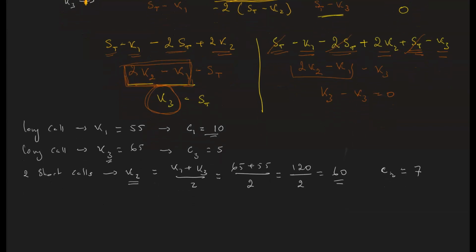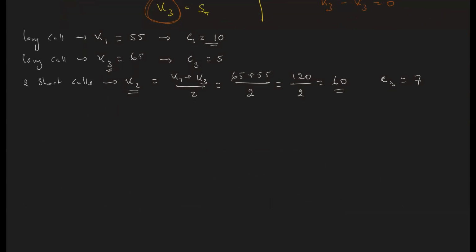Now, what would be the outcome of our butterfly spread? So our payoff, we're going to have four windows. Remember, our 4 windows are 0 to the first strike price, K1 is 55, and then we have 55 to the middle one, which is 60, and then we have 60 to 65, and then we have 65 and above.